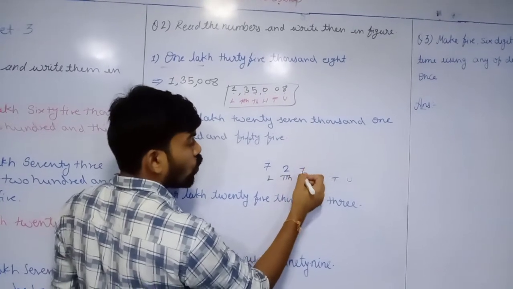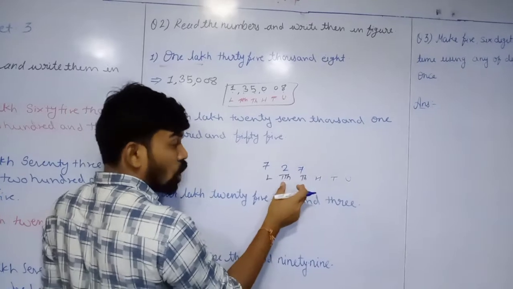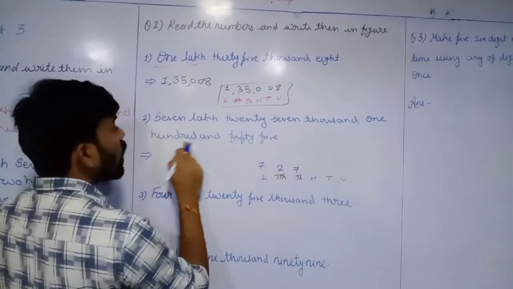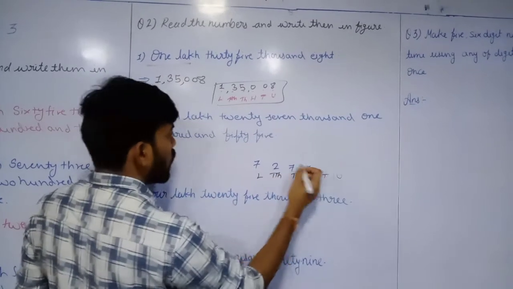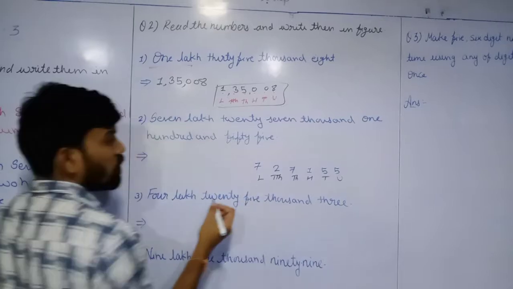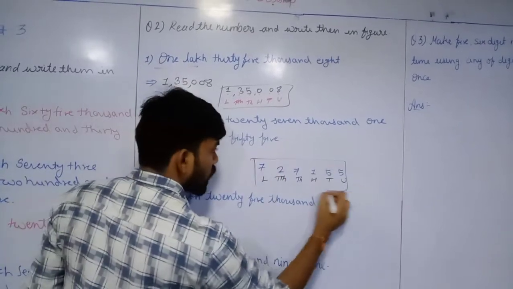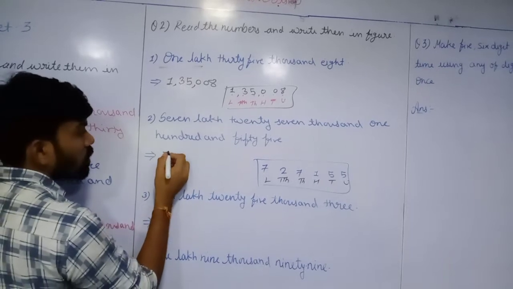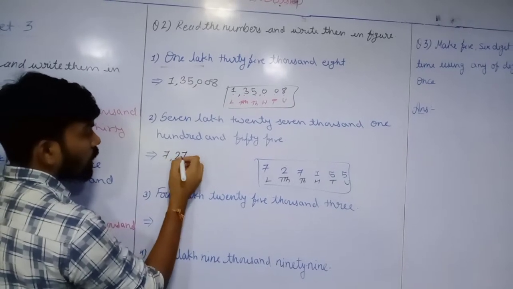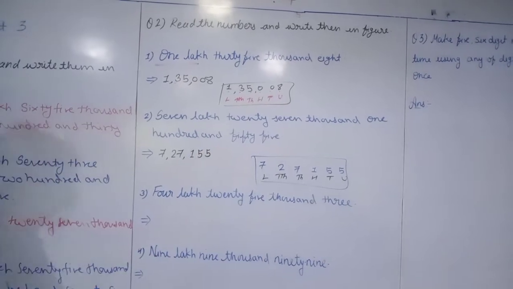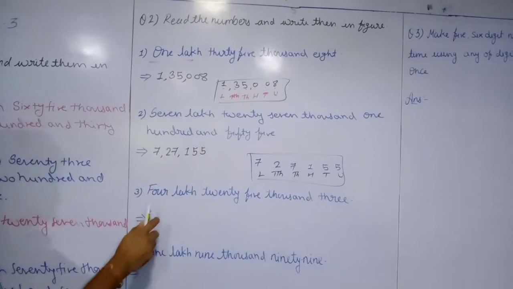So 2, 7, 27,000, because 10,000 and 1,000 come together, as we learned. At the place of 100, 1. 55, so unit and tens together, 55. We have to write the answer 7,27,155.